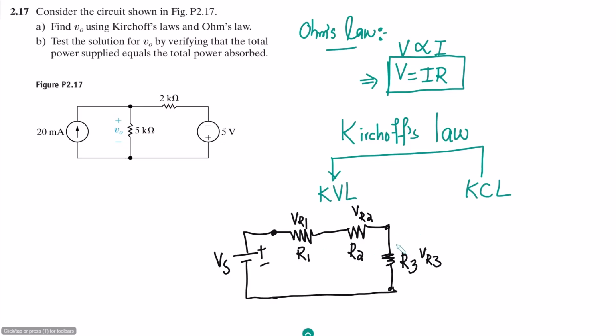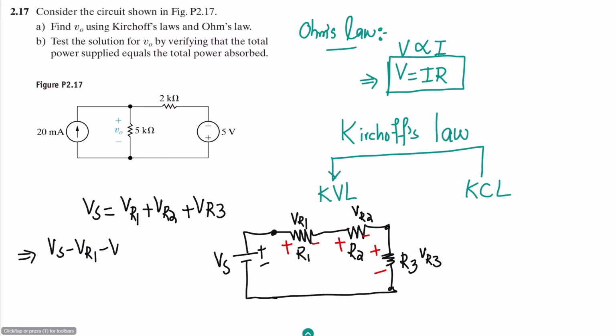As these are resistors, which are passive elements, they always absorb energy and voltage is dropped across them, so it will be plus minus here, plus minus here, plus minus here. According to the KVL, the value of Vs will be equal to VR1 plus VR2 plus VR3, or ultimately we can also write it as Vs minus VR1 minus VR2 minus VR3. This must be equal to 0.